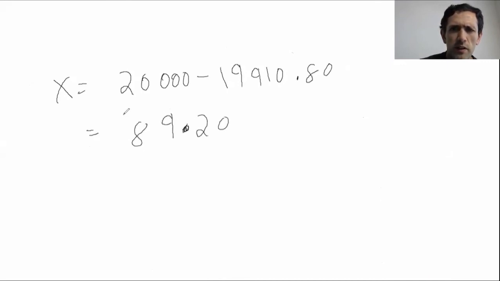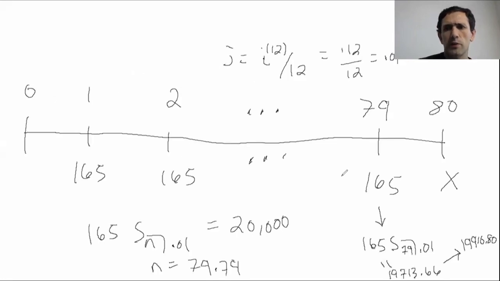All right. So let's think about what's going on here. Well, we're at the end of 80 months, we're finally paying off this loan completely. So we still have 80 months of interest to pay.